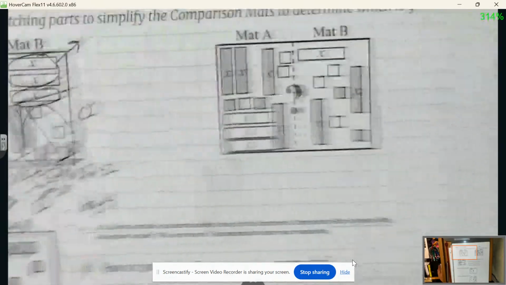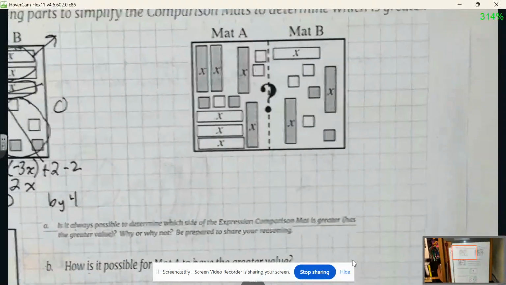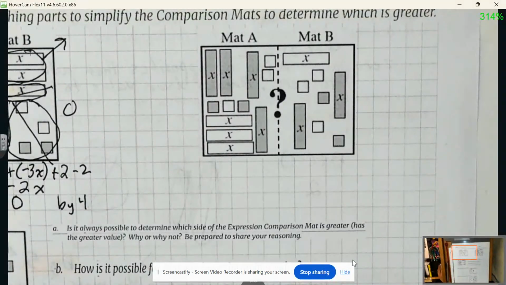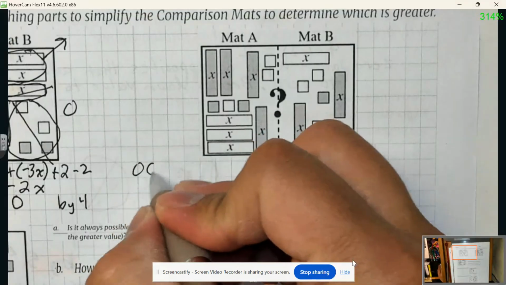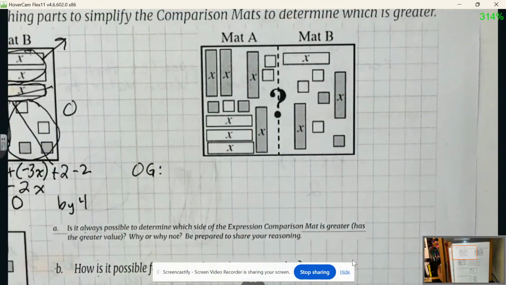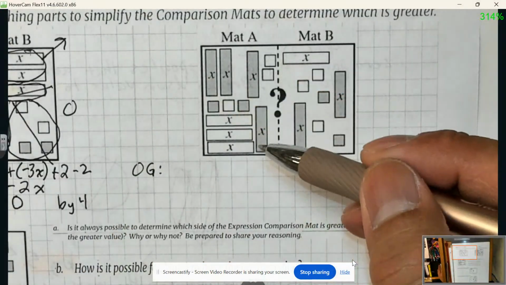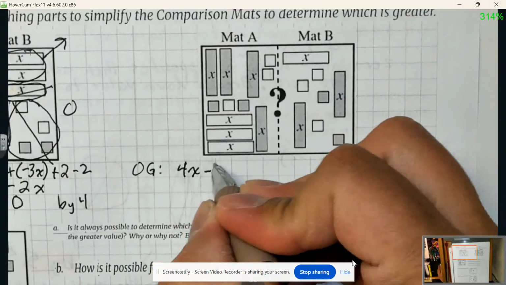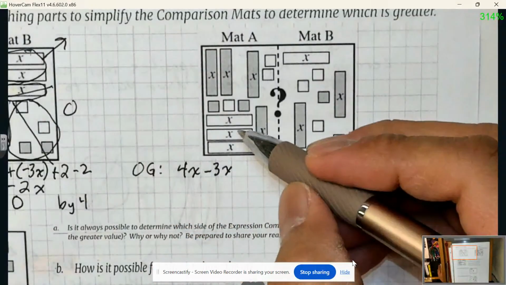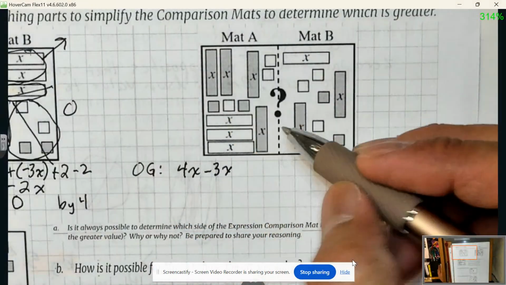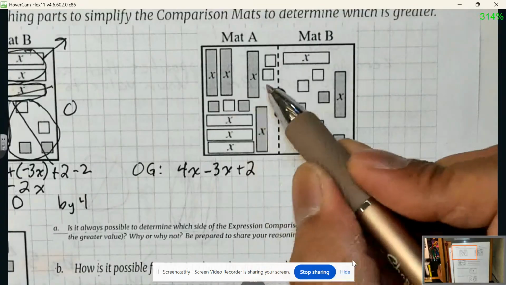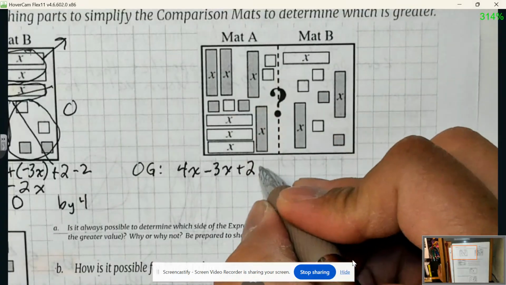So let's continue our practice with this second one. All right, let's start with the original expression, which gives us 4x minus 3x, two positive 1's is plus 2, and we have 1, 2, 3 negative 1's.